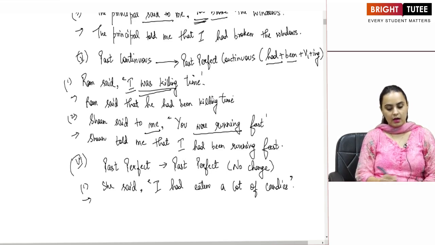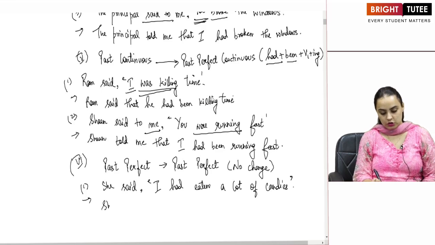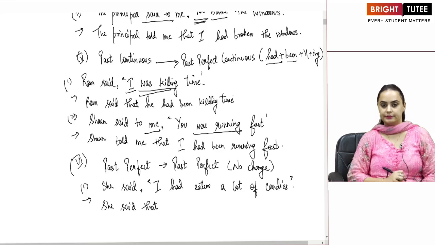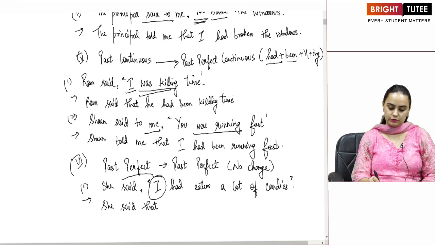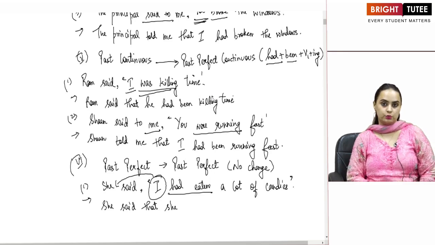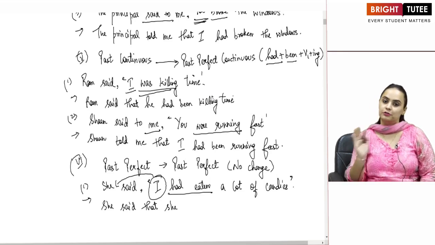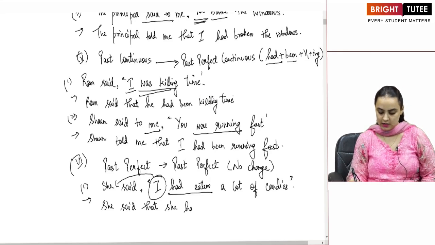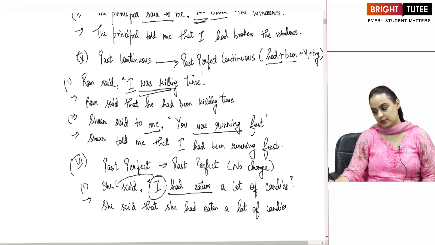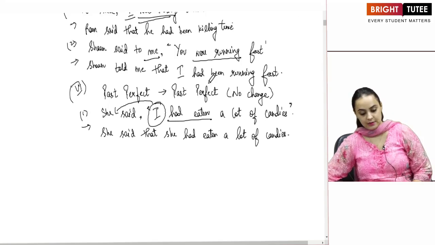Okay, how does it change? She said that, I has been used for she, so she had eaten, which is past perfect, remains past perfect, that she had eaten a lot of candies. So this sentence remains the same.